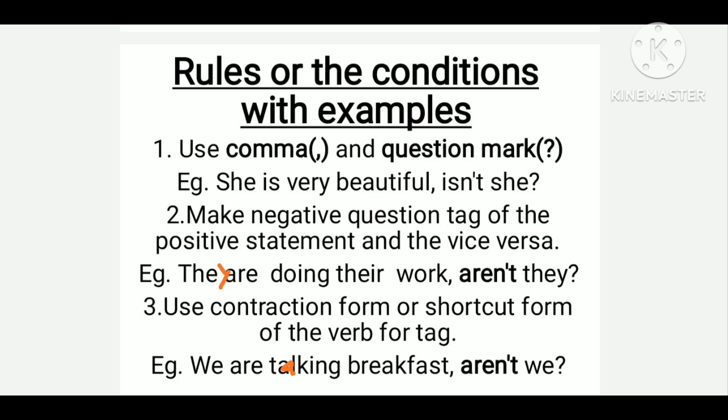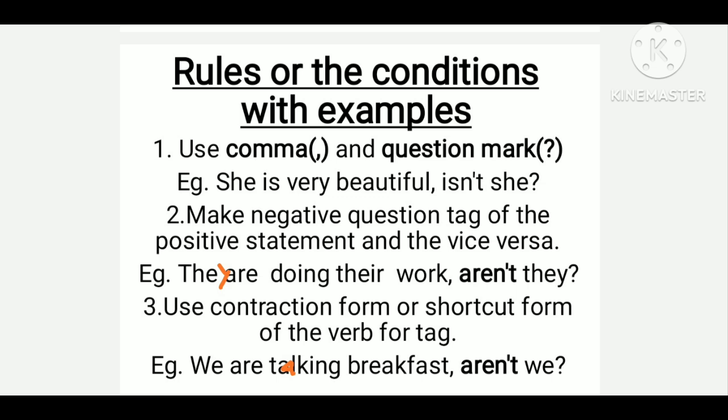Here after the comma there is a small letter in isn't, and at the end there is a question mark, and the statement is divided by the comma. The first part is called the statement, whereas the second part is the question tag.